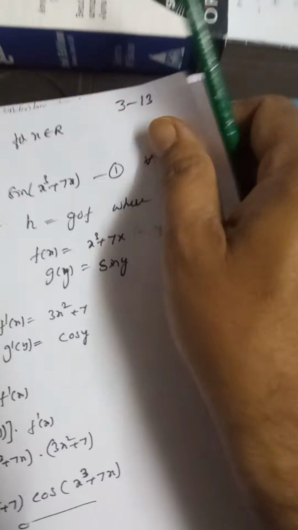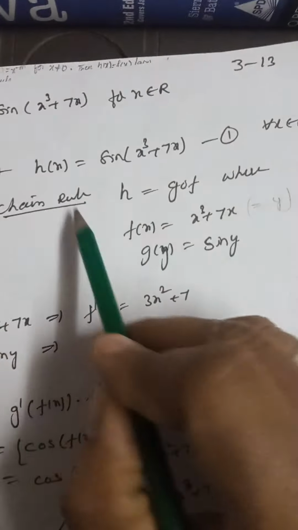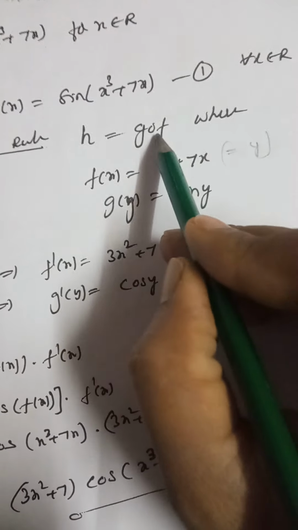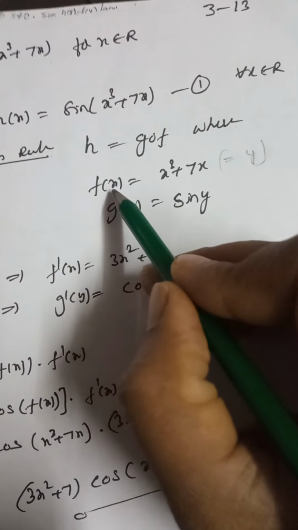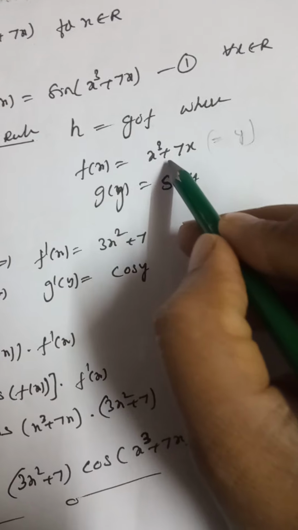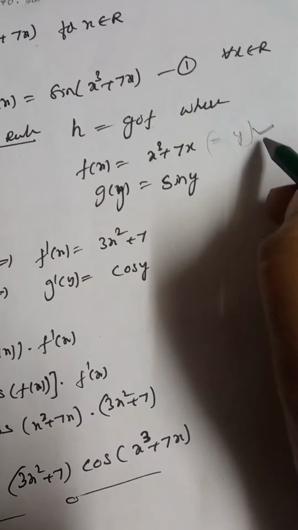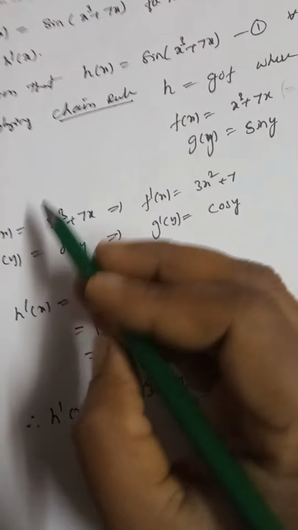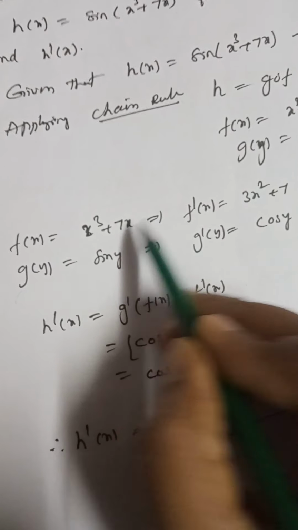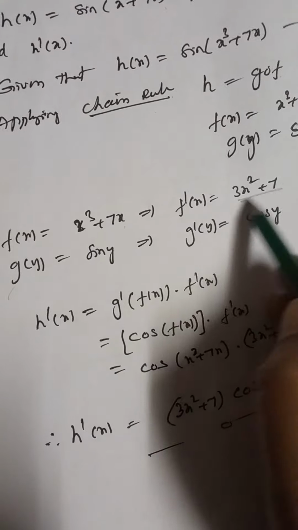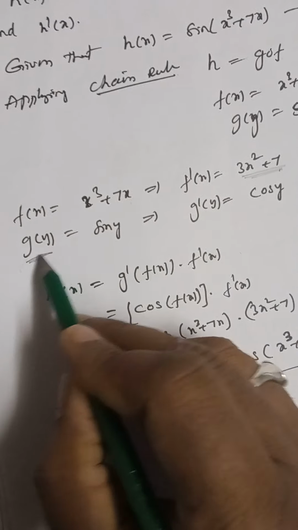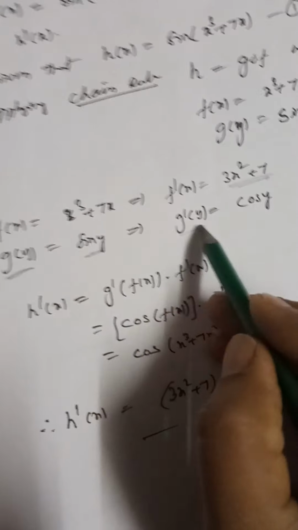Now here we are applying the chain rule. By applying the chain rule, h is equal to g circle f, where f of x is equal to x cube plus 7x, and g of y is equal to sin y, where this is nothing but y. Now f of x is equal to x cube plus 7x, f dash of x is 3x square plus 7. g of y is equal to sin y, g dash of y is equal to cos y, right?